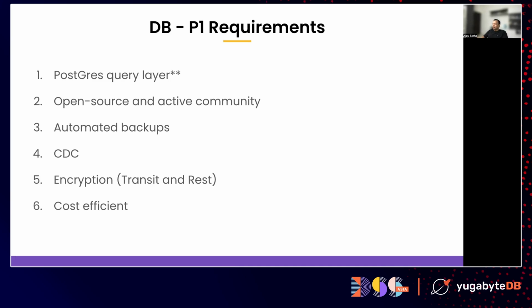In Zeta, we have built pretty much everything around open source technologies, and we are a big fan of the open source community. So we are looking for something which is open source and has active community support. We needed automated backups. We needed CDC. Encryption, both in transit and at rest, was required. And finally, we needed something which is cost efficient.